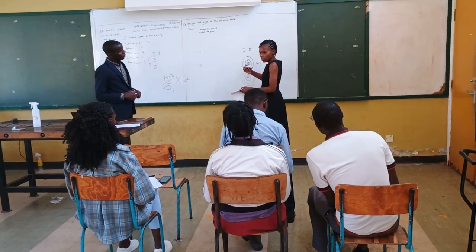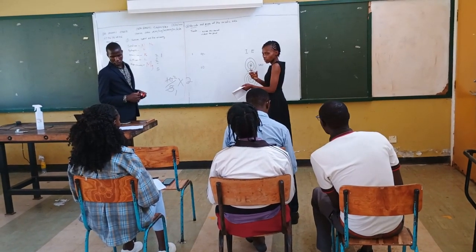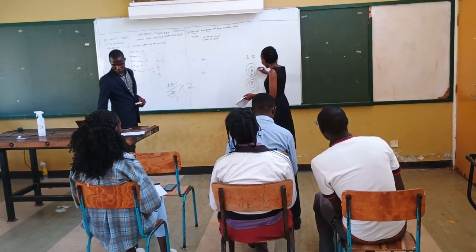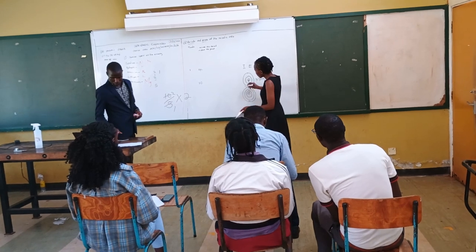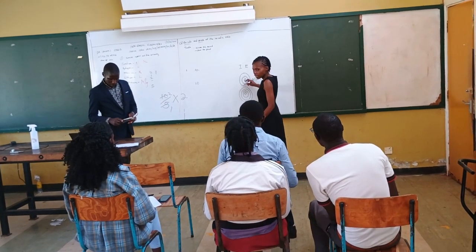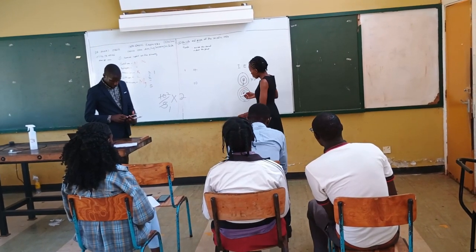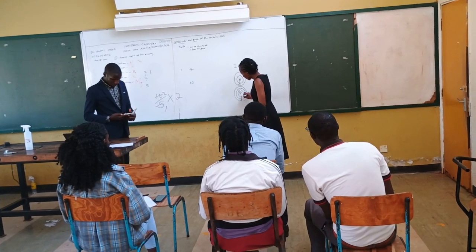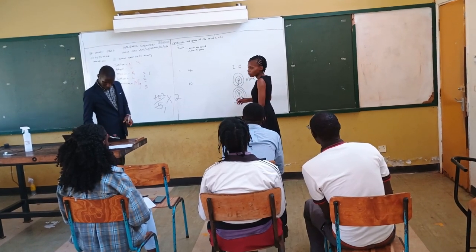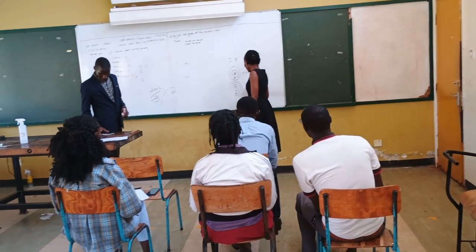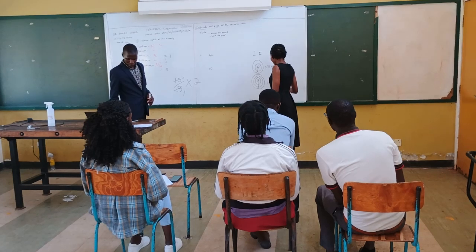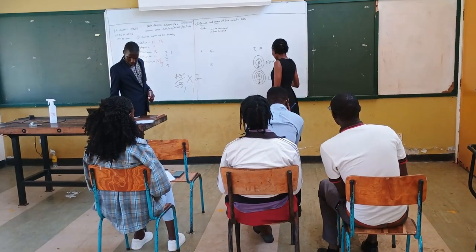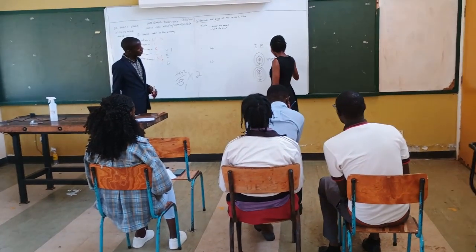Where the electrons are closely packed there's a strong pull, so you use more energy. But this one is far from the nucleus, so the pull is not that strong, then you use less energy. So ionization energy decreases down the group.